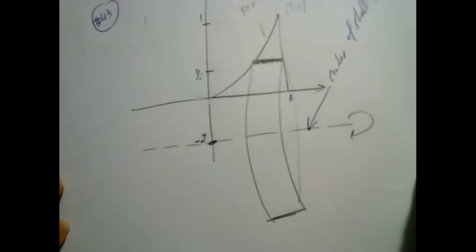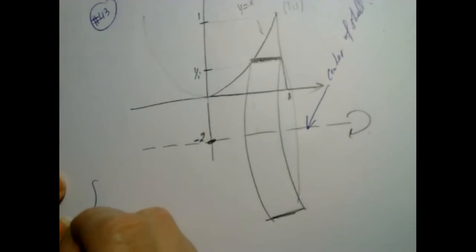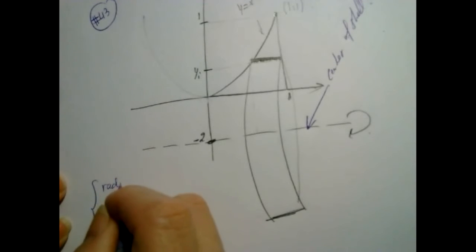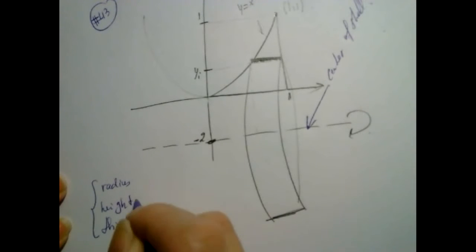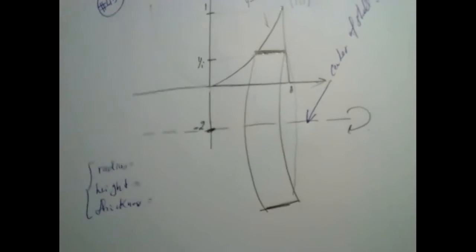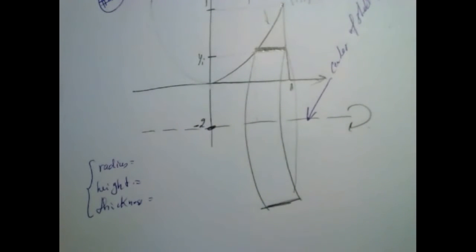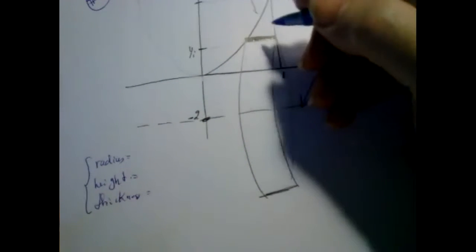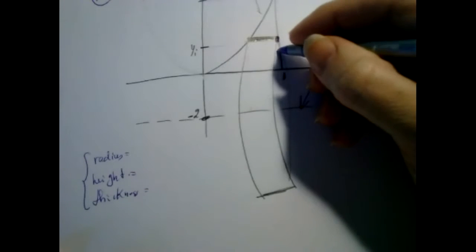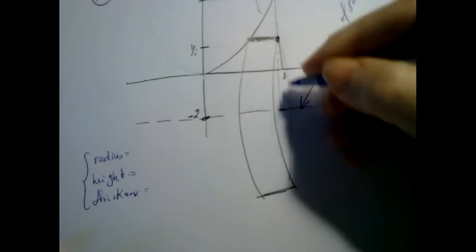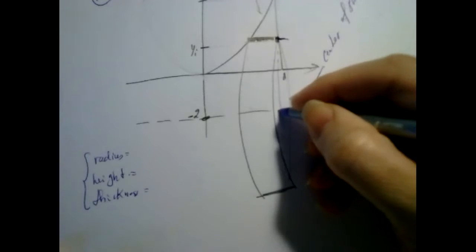So volume of a typical shell. We need the radius. We need the height and the thickness. Okay. The radius goes from where to where? The radius is from your slice basically to the center of the shell, right there.